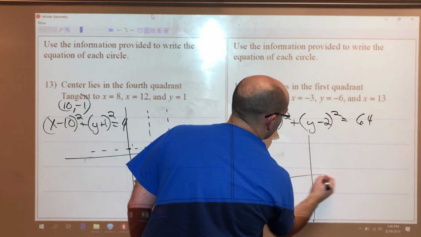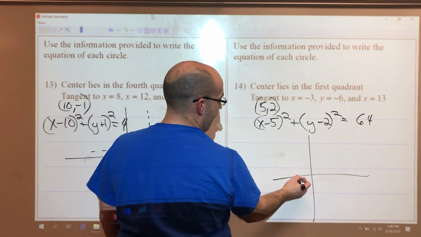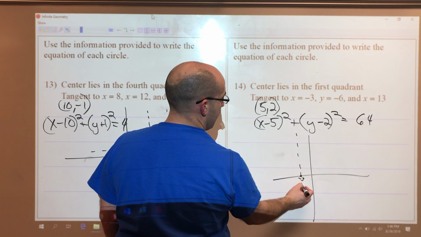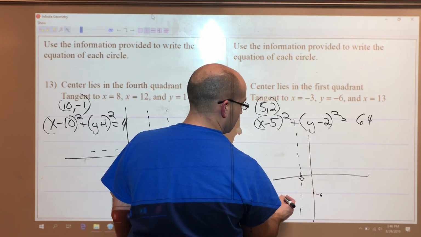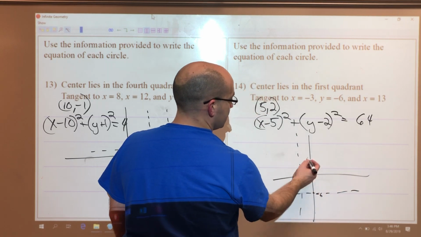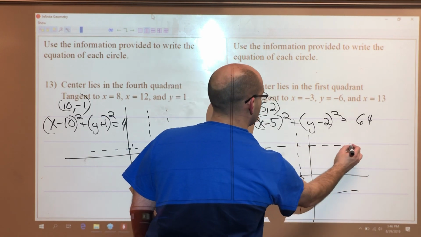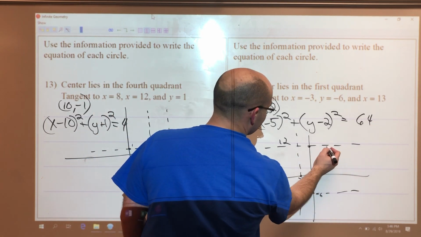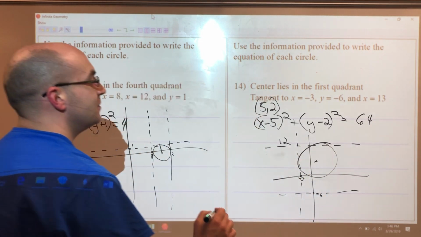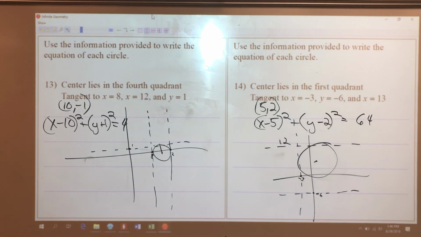Let's draw it. Negative 3, negative 6 for y, and 13. It lies in the 1st quadrant, so it lies in here with the center. The equation is x minus 5 squared plus y minus 2 squared equals 64.